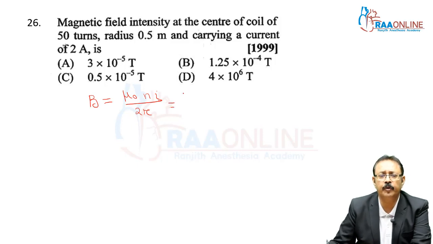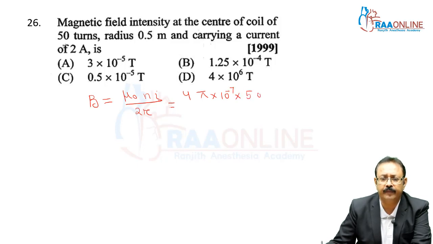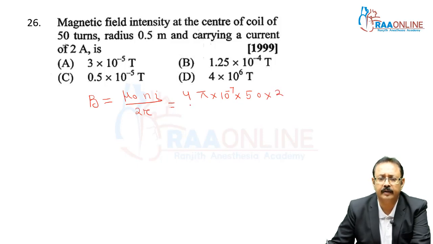What is the value of mu naught? 4 pi into 10 to the power minus 7. Number of turns 50. Current 2 ampere. Radius 0.5. All are in SI unit. So we will get Tesla.